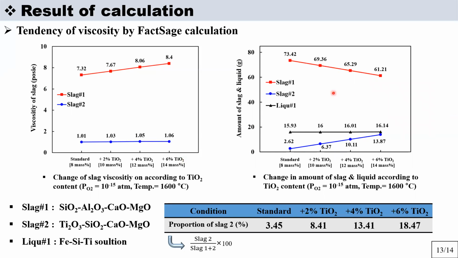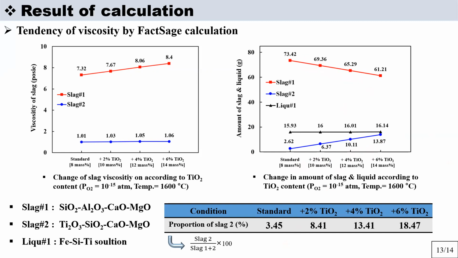And the right figure shows the change in the amount of slag and liquid phase. We can see slag 1 decreases linearly as TiO2 increases. However, slag 2 increases drastically as slag 1 decreases.